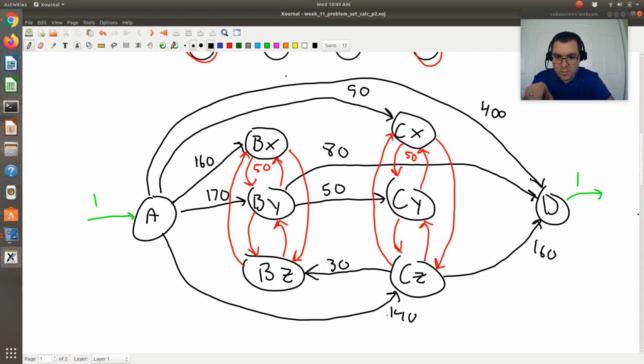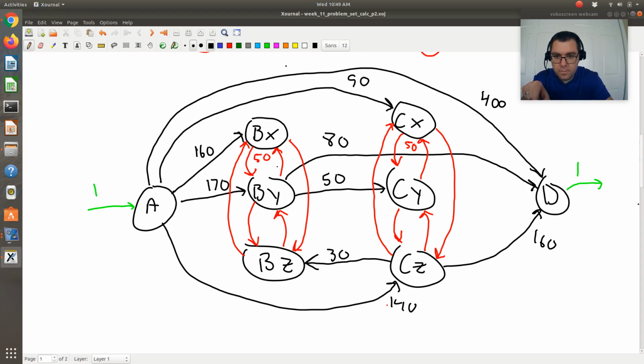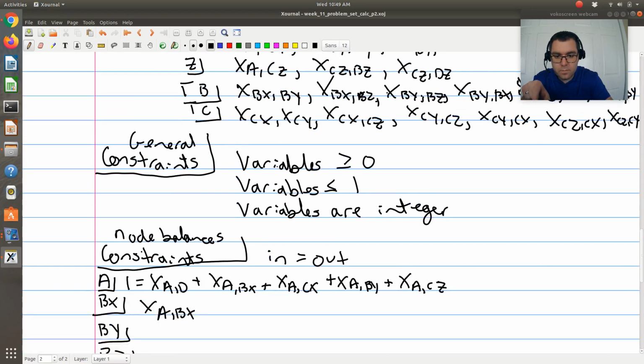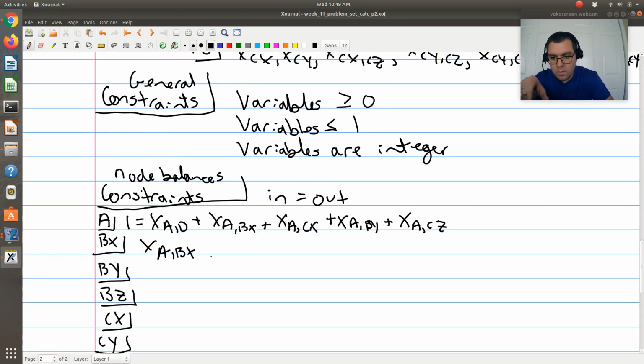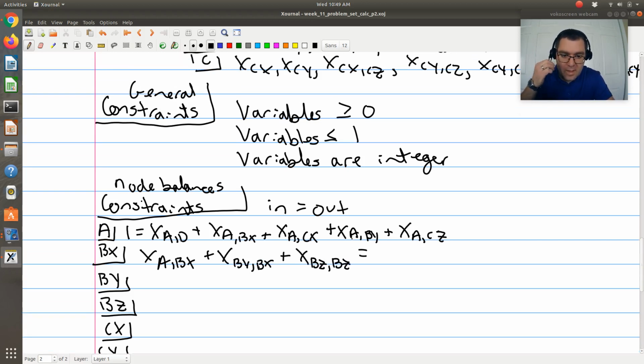So I can transfer in from Y, or I can transfer in from Z. Okay, so there's all my ins.